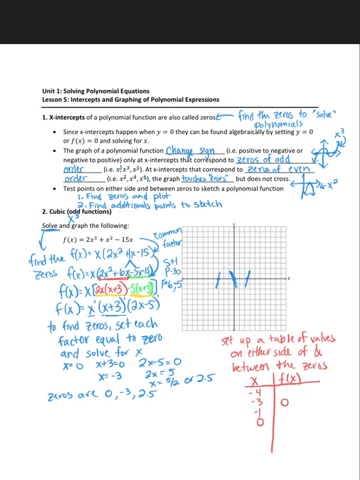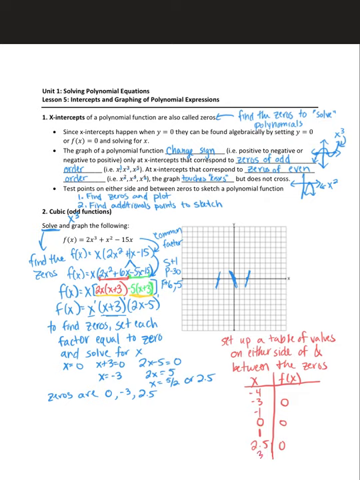And then my next 0, so at 0, my y value is 0. And then my next 0 was 2.5. That's a 0, right? So I'm going to pick a point between 0 and 2.5. We'll just pick 1 again on that side. And then we'll have to pick an x value on the other side of 2.5. So we'll just pick 3.